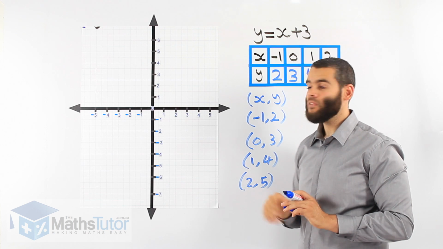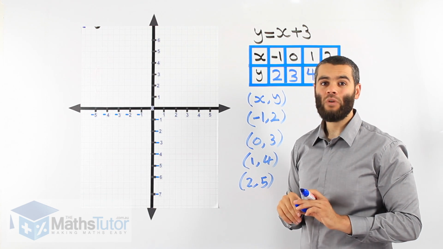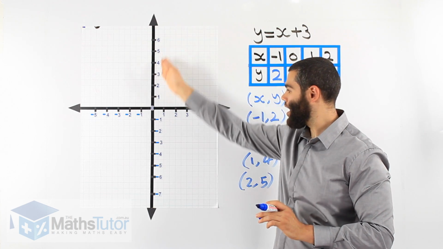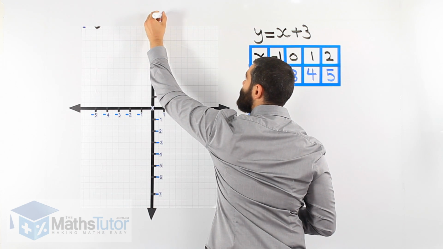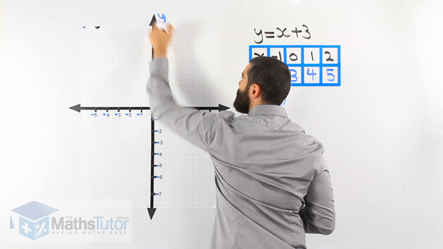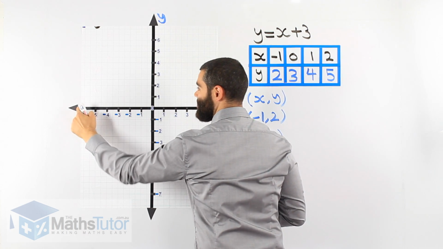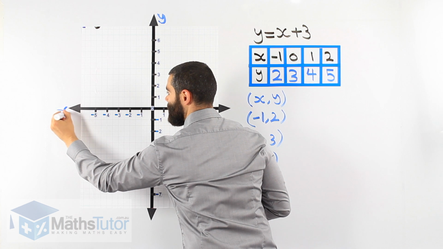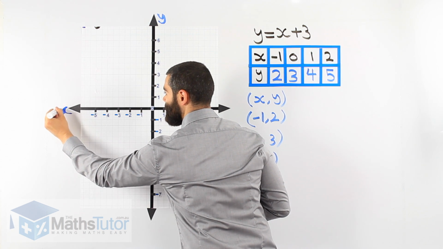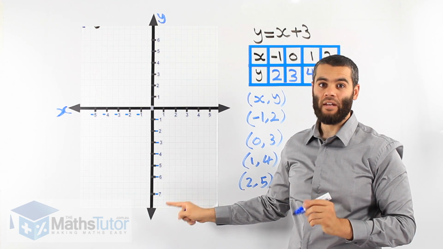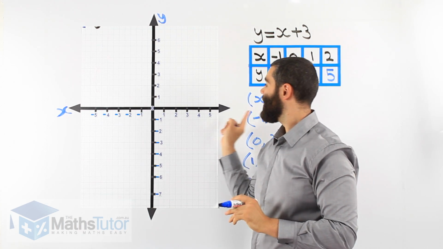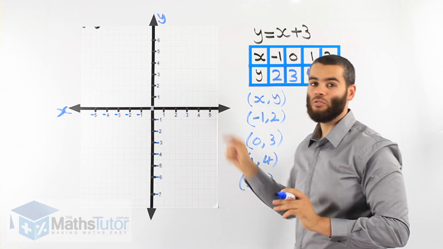Now the number plane, as you can see, has 2 axes. It has the y-axis, we label it with y, and it has the x-axis, we label it with x. The y-axis is always the vertical one, very important, and the x-axis is the horizontal one.